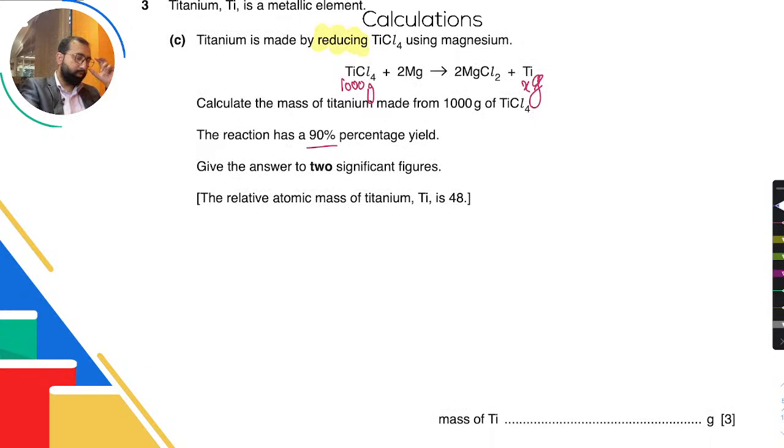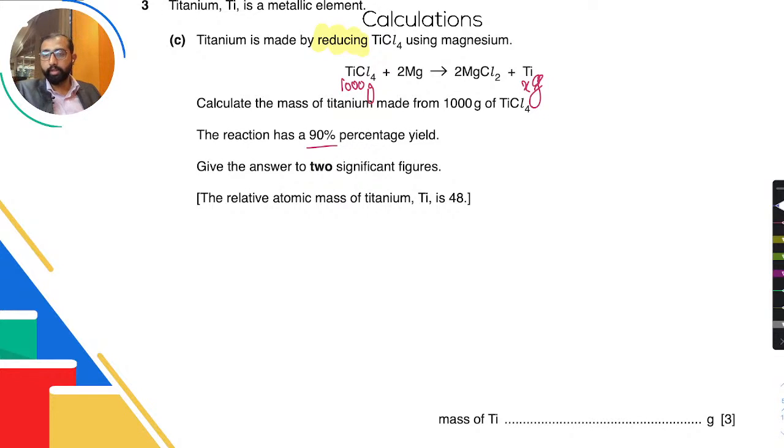All right, so here's what we should do. First of all, let me figure out the MR of titanium tetrachloride. The relative atomic mass of titanium is 48.